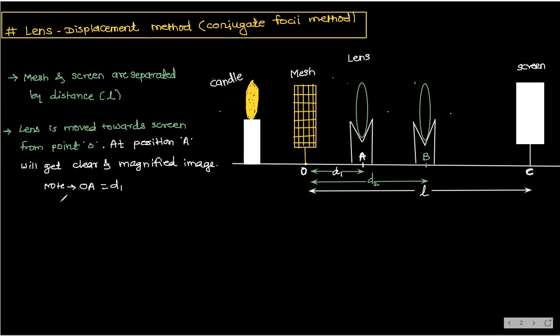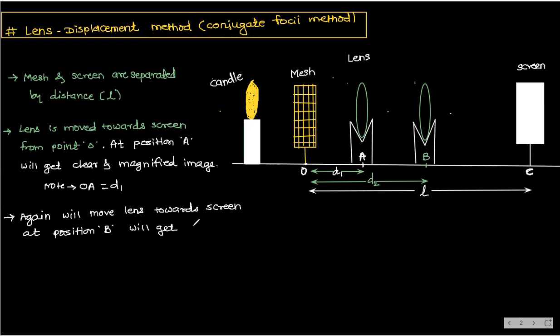Next, again we'll move the lens towards the screen to position B. At position B we will get a diminished and clear image.